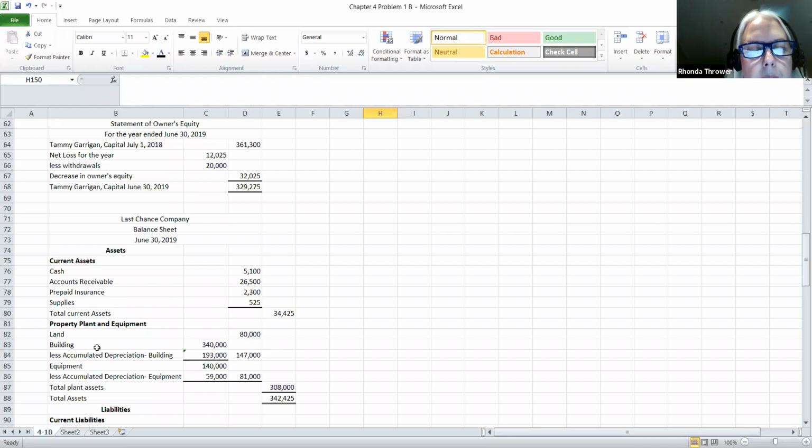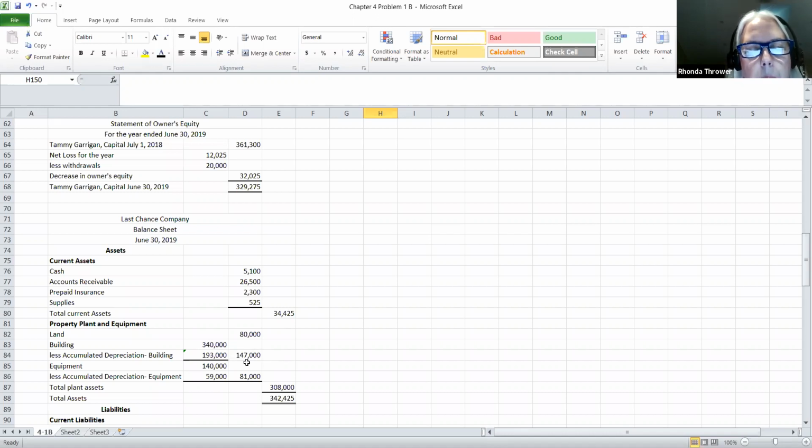The adjusted trial balance has the accounts for building and accumulated depreciation. But this amount right here, the book value, you have to figure that. It's figured on the balance sheet, and it's the difference between the accumulated depreciation and the cost of the asset that is depreciating. So the book value is $147,000 that you have to find.